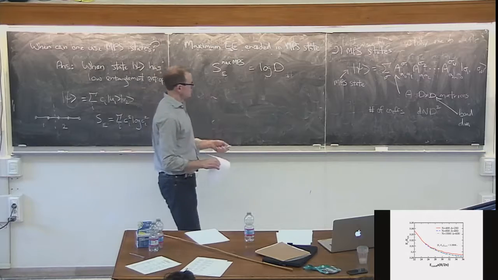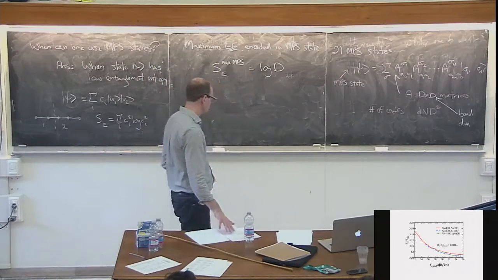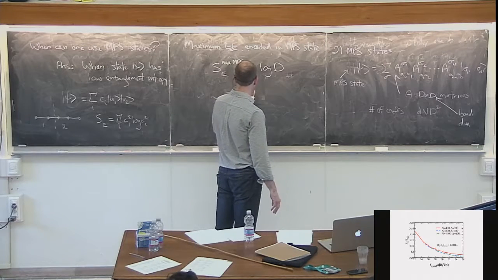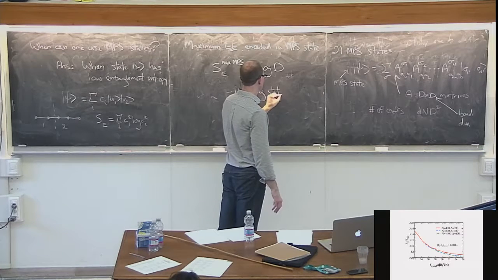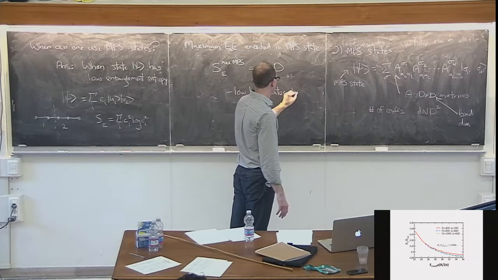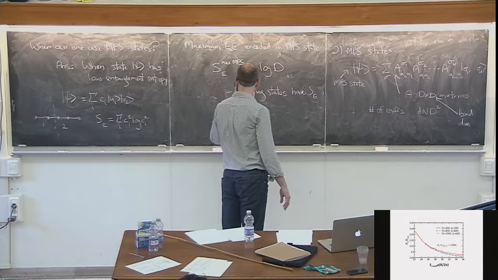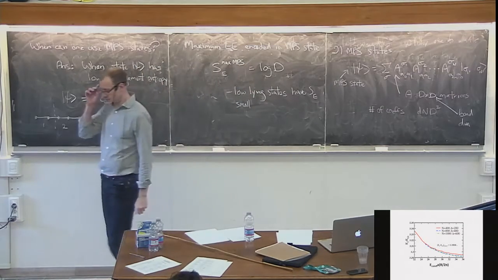Now, what makes matrix product states so useful is that typically the low-lying states in your spectrum have small entanglement entropy.